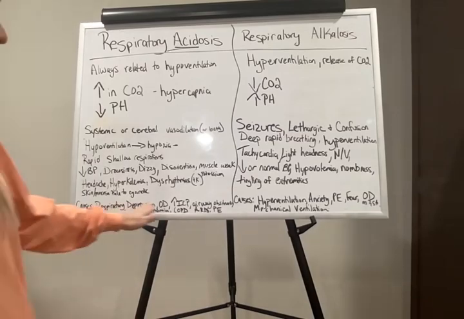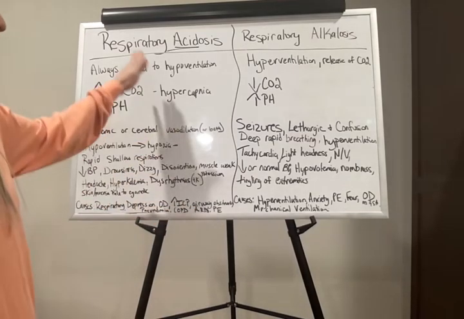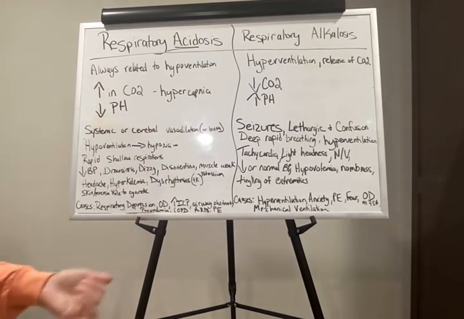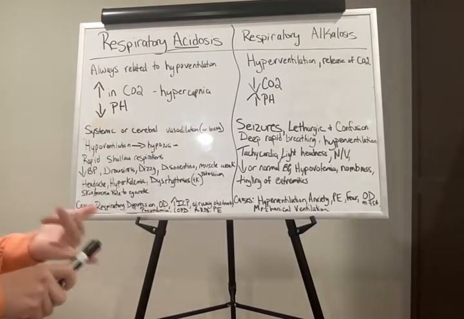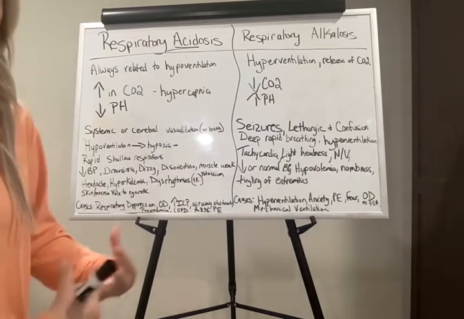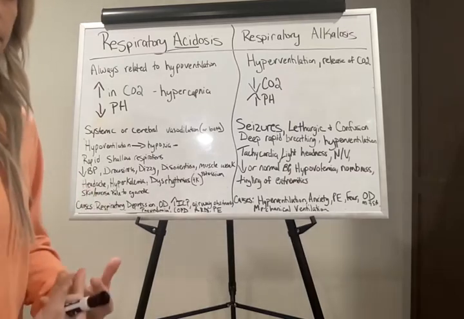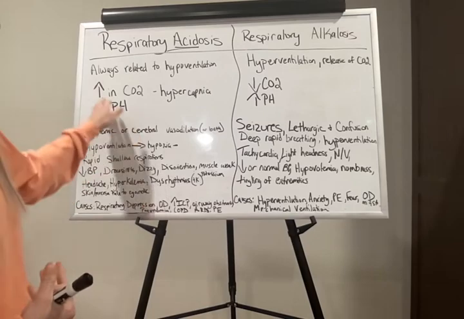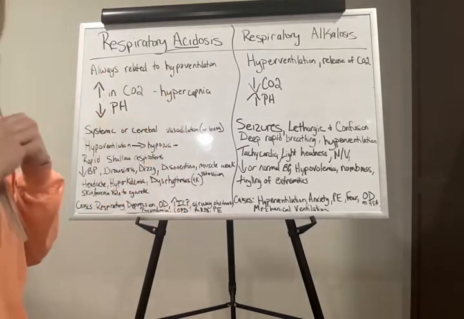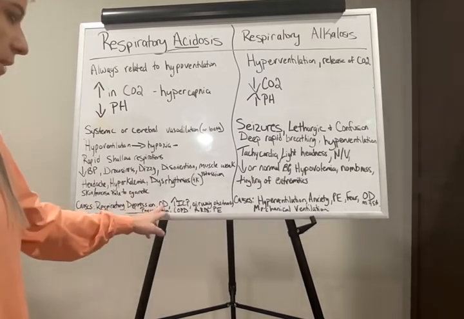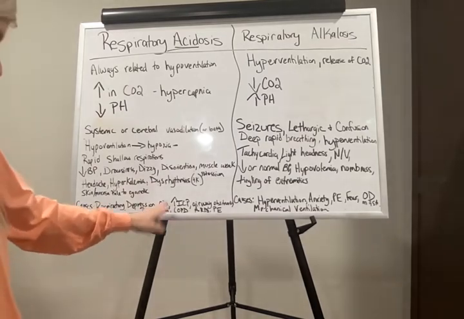So think of these patients with respiratory acidosis. They either have a medical emergency going on that they're not able to expand their chest wall to oxygenate for themselves properly, for them to have that CO2 just keep increasing. They can't blow it out, especially whenever it comes to overdose.